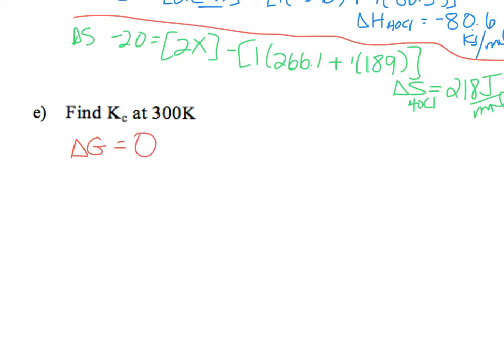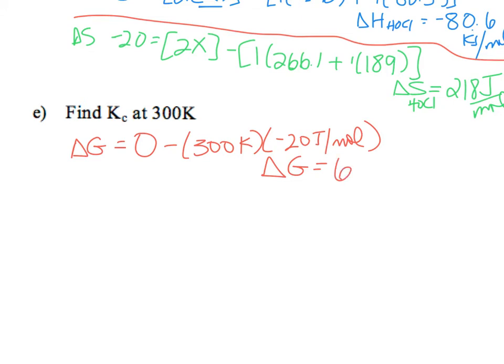So H is 0, because H and S aren't temperature dependent, times 300 K times negative 20 joules per mole. That gives me a delta G of 6,000. And again, that's at 300.